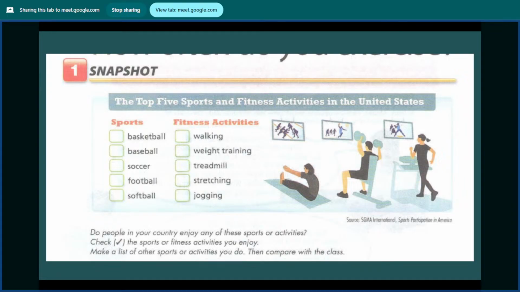Okay, very good. Now, next, you have to make a list of other activities or sports that you do or you enjoy. Other means those which are not mentioned here. We are talking about those activities and sports.